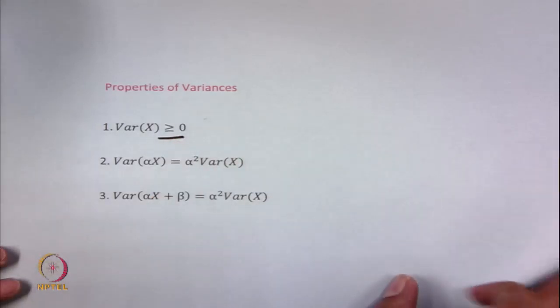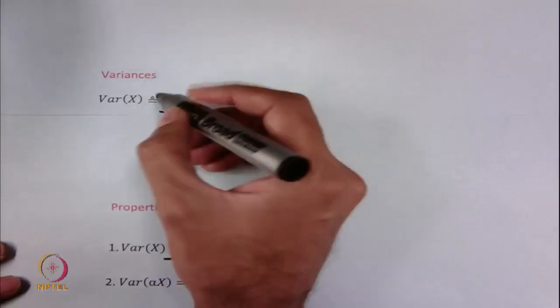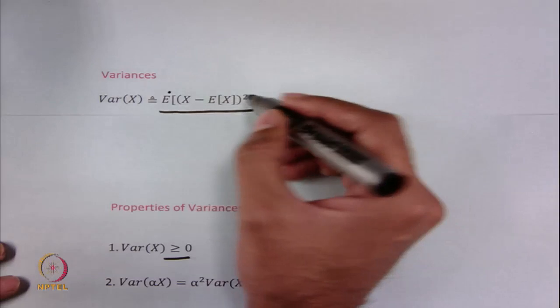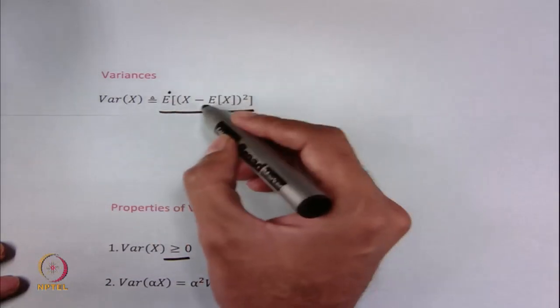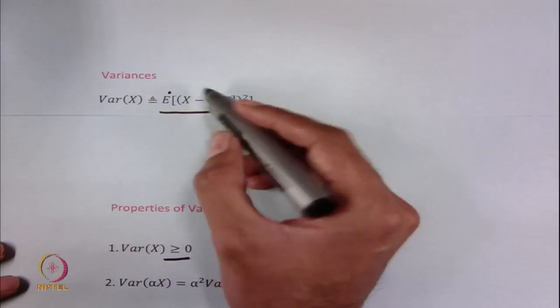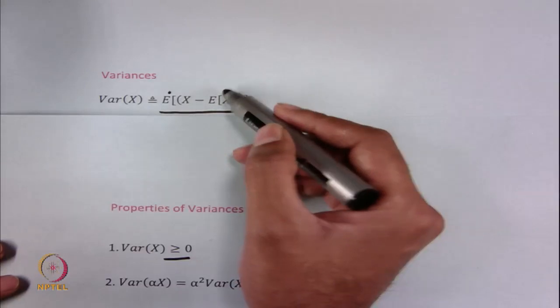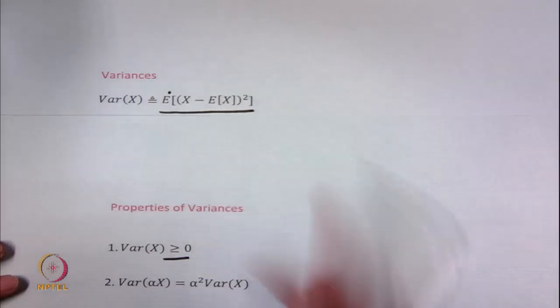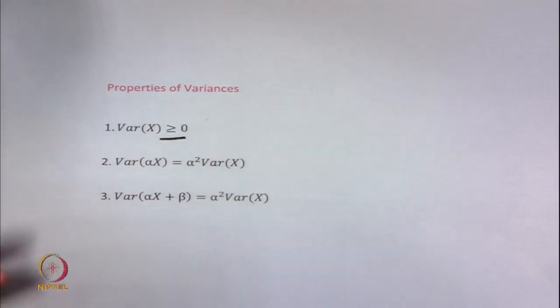And why is that? To understand that you just have to look at this expression where the variance is calculated as the expected value of a squared quantity. Now, the square of a quantity can never be negative, and thus the average value of positive numbers is always positive. It can be 0, but it can never be negative. So, that is the first property of variance of a random variable.